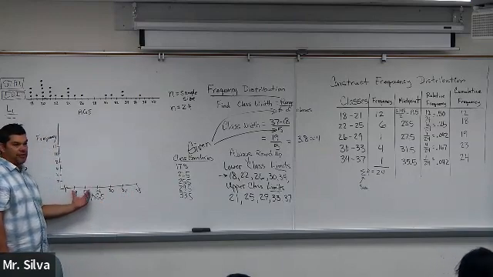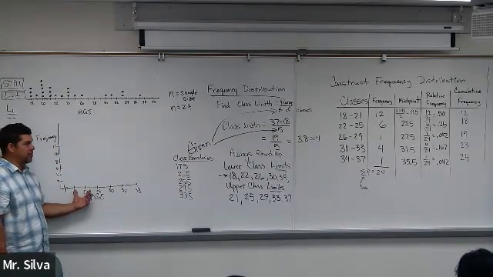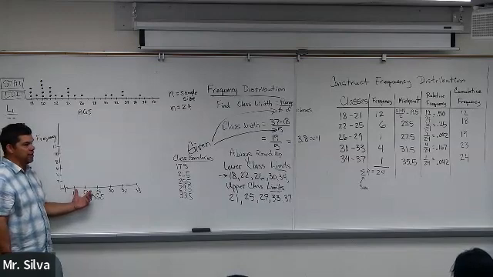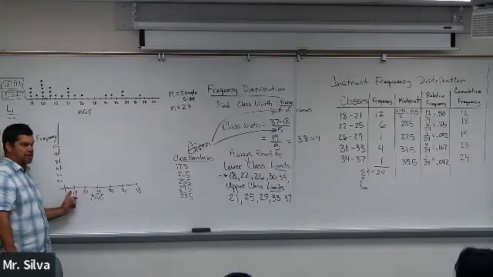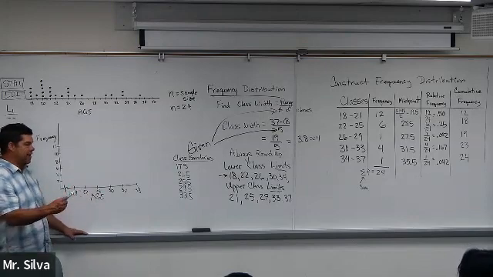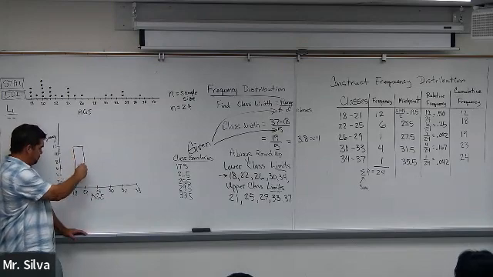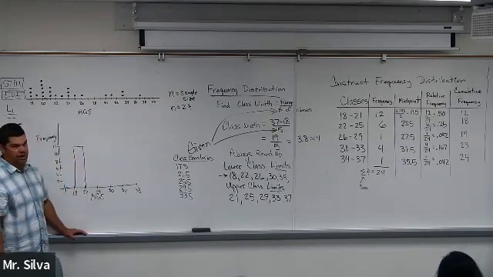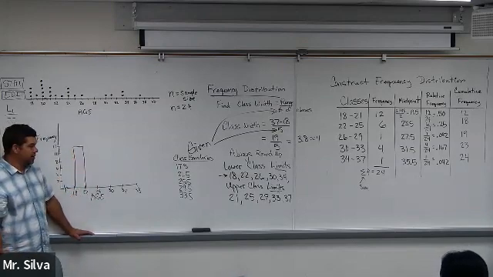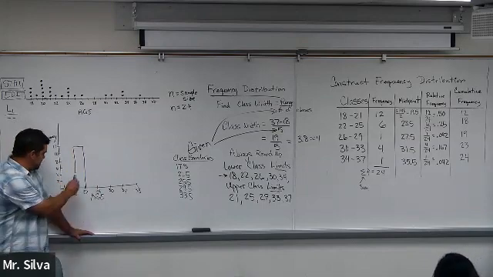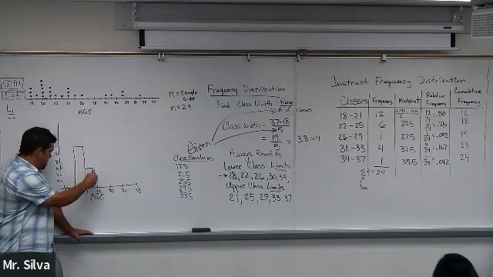So 18 to 22-year-olds. How many 18 to 22-year-olds are there? Well, if you're at 22, you're in the next group. So we're actually doing 18 to 21-year-olds. We counted 12. I'll put a bar up there. 12. You want all your bars to be about the same width. The next group has 6. So I'm going to do as best I can to measure 6.